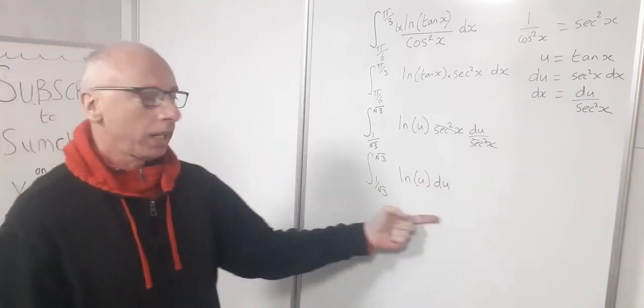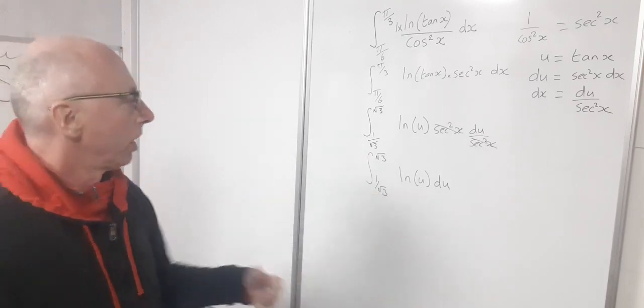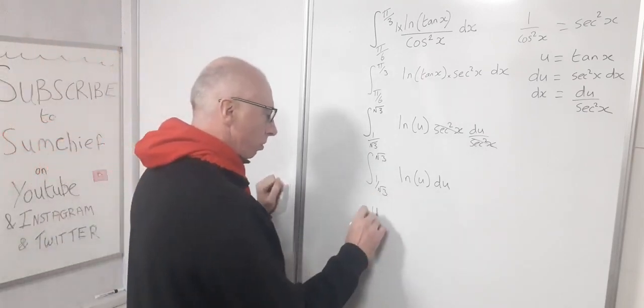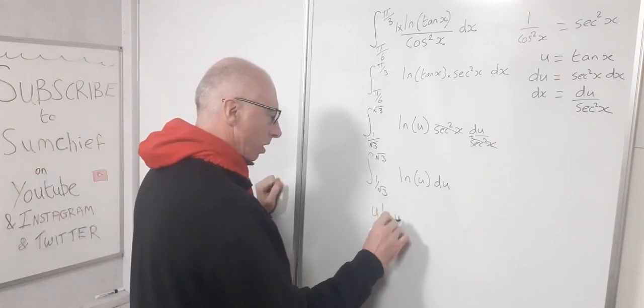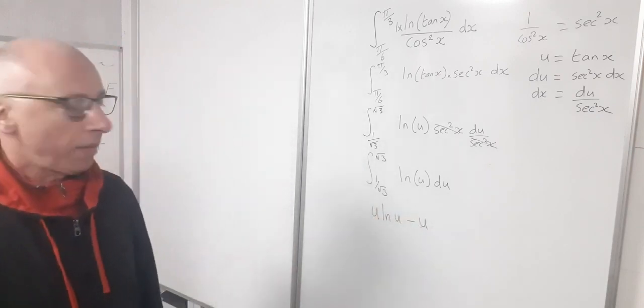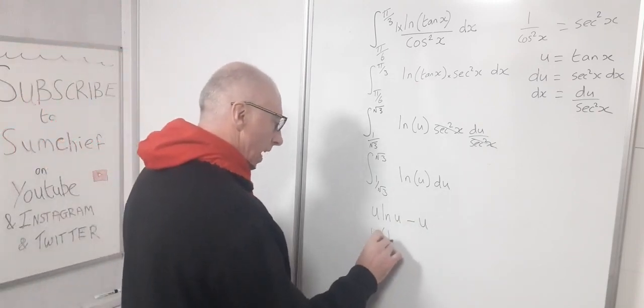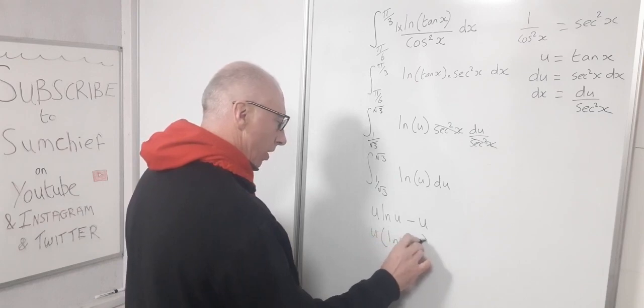Okay, well we can integrate this off straight away. That's a standard integral. So that just becomes u ln u minus u. So that takes care of that, and you can rewrite that if we like to u times ln u minus 1.